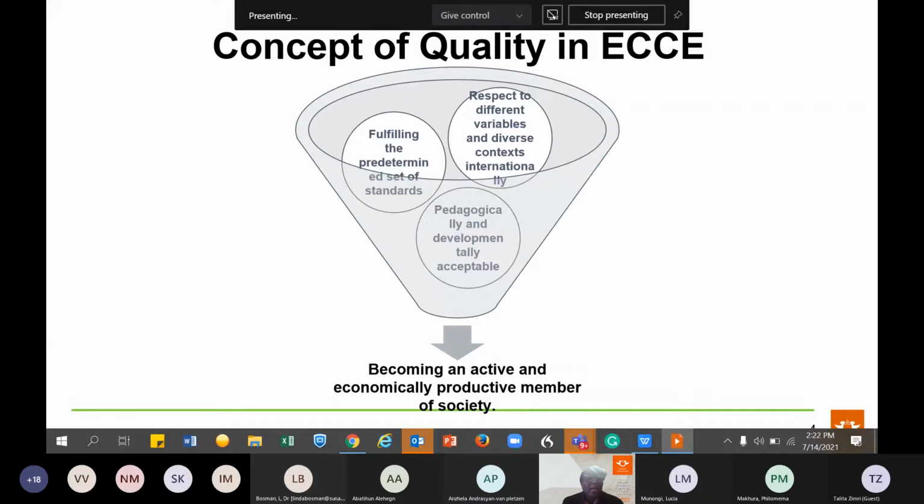I have to say, colleagues, I am saying this last part of this slide to say we want to build from early childhood active and economically productive members of society.